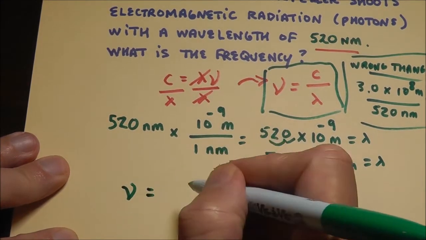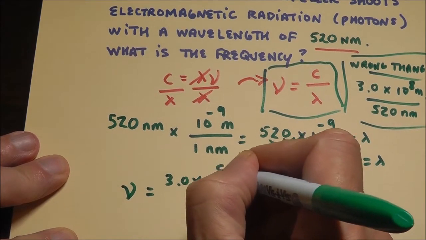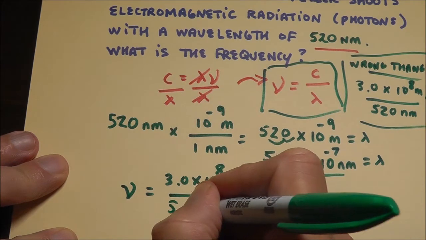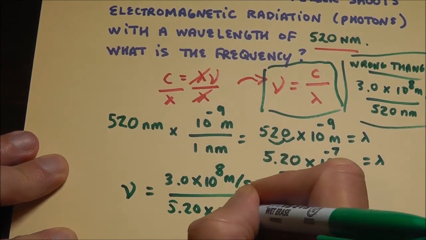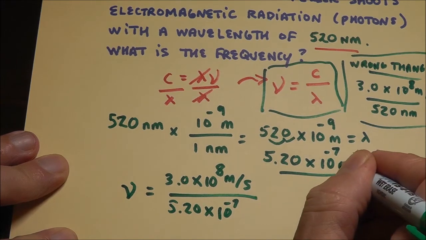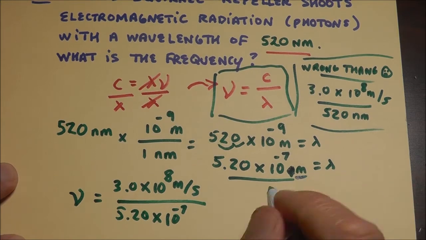Frequency equals speed of light, 3.0 times 10 to the 8th meters per second, divided by 5.20 times 10 to the minus 7 meters. Mike, meters. I wrote nanometers.